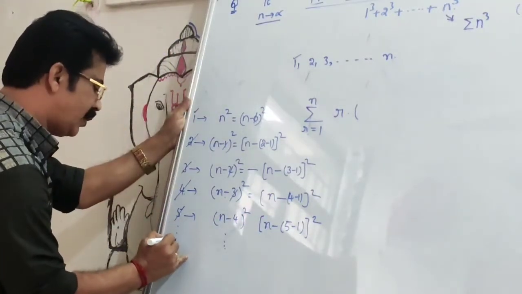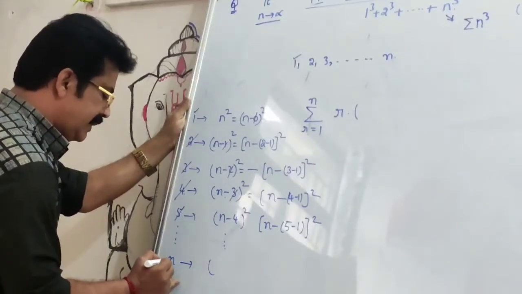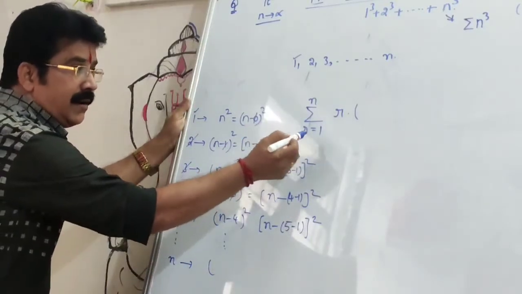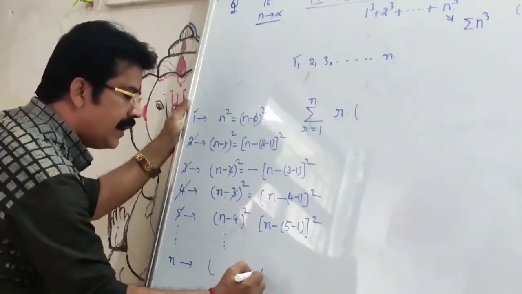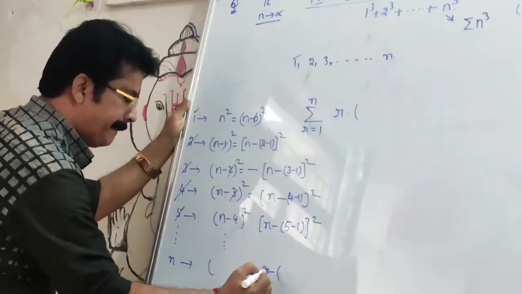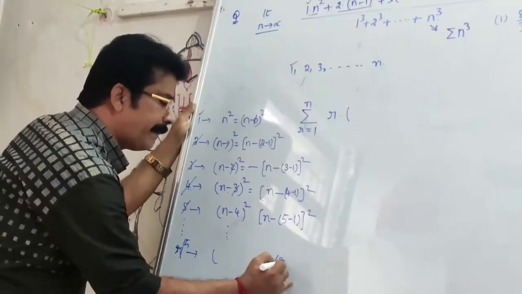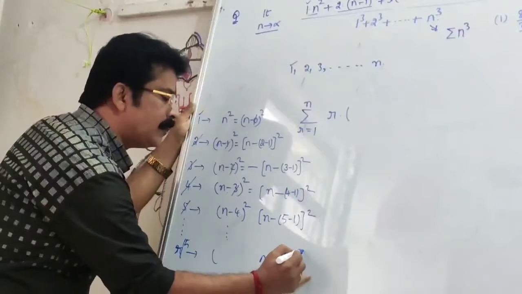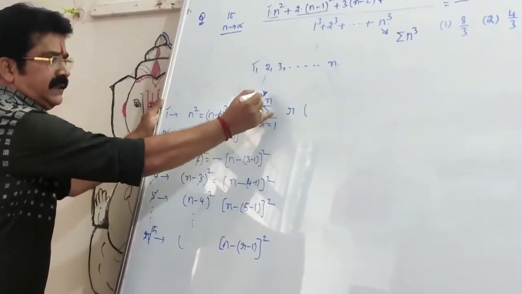So the nth term will be, here we are taking r. Therefore the last term will be n minus r. For example, we are writing the rth term as (n minus r minus 1) whole square, not the nth term, because r goes from 1 to n.